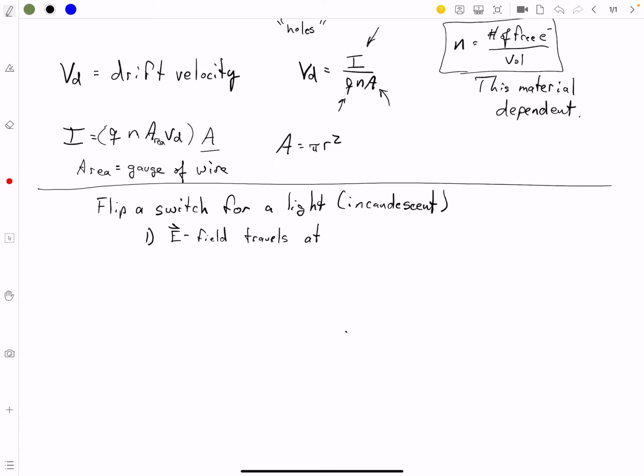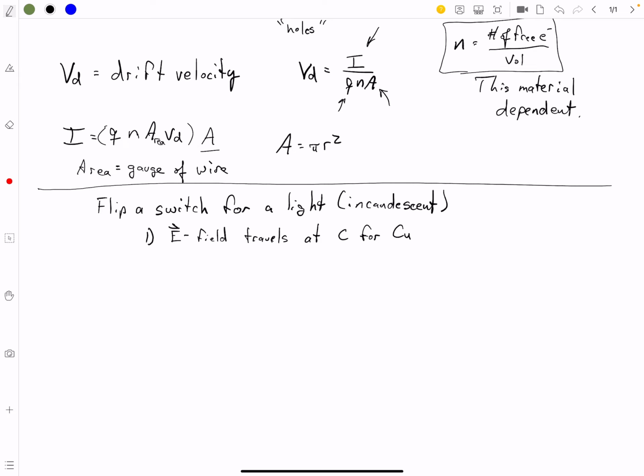So at C for copper, let's use copper, not nickel wiring, which they used to use, believe it or not, and it's not great. But anyway, E field travels at C for copper, which isn't quite the speed of light, it's less than for a vacuum, but that's fine. C for copper. It's pretty quick, right? So that E field travels that fast.